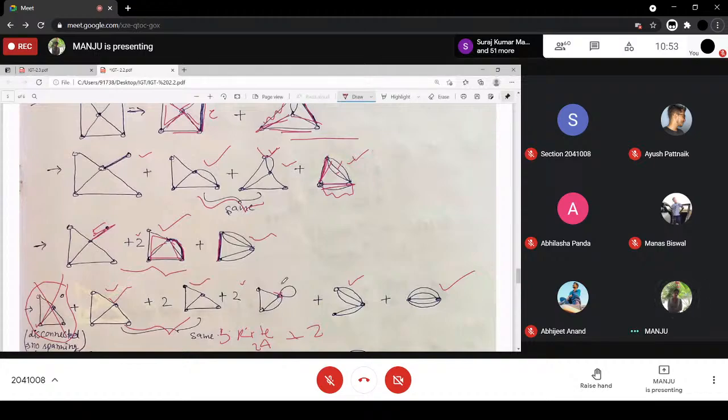Here, how many exist? Loop doesn't matter. We will anyway discard the loop while drawing the spanning tree. So one is this one, another is this one, another is this one, and 2 more for this one.